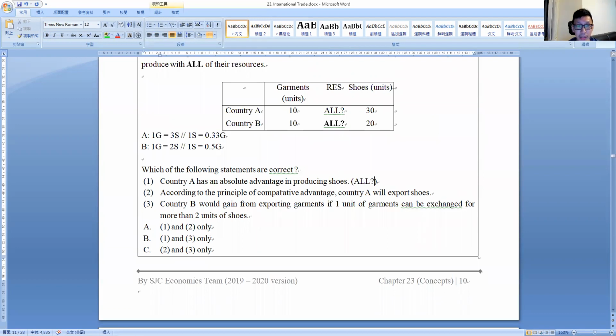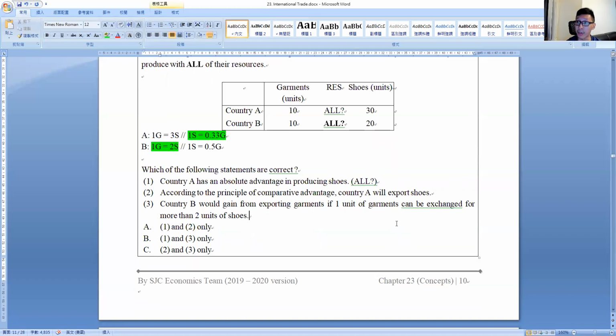C. Let's look at 2 and 3 here. According to the principle of comparative advantage, country A has a comparative advantage in making shoes, so they will export shoes. Of course, they will concentrate on making shoes and export them. Now country B would gain from exporting garments if it can be exchanged for more than 2 shoes.